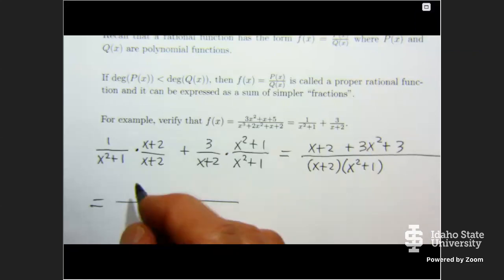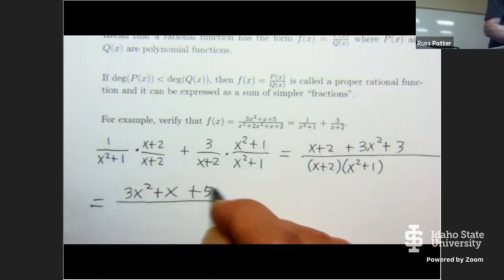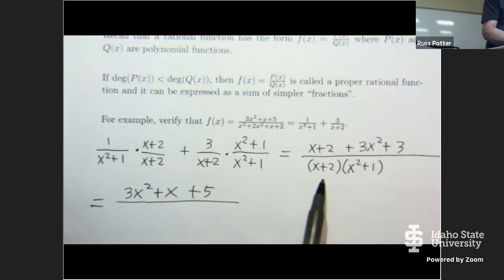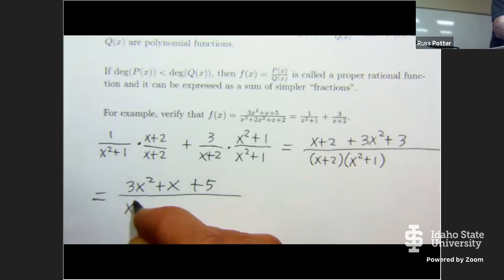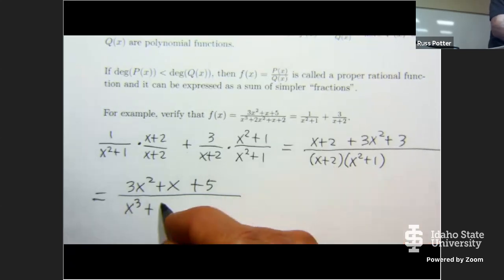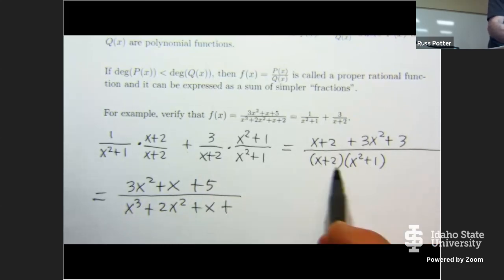We write 3x squared plus x plus 5. And we'll go ahead and multiply the two factors in the denominator. So x times x squared is x to the third, and then plus 2x squared plus x times 1, or just plus x, and then plus 2 times 1, or plus 2.